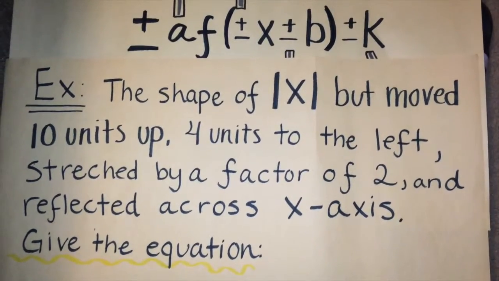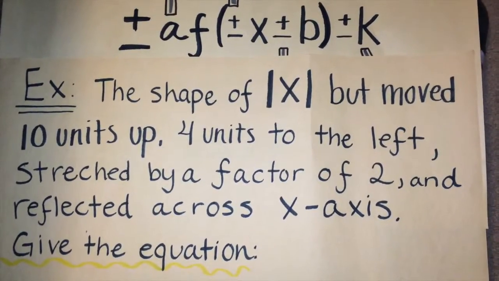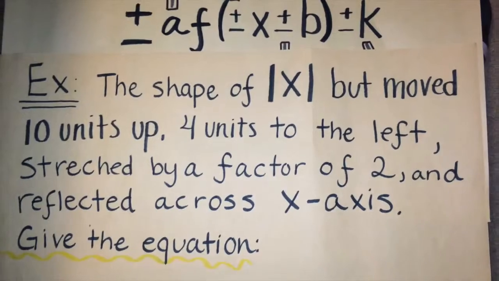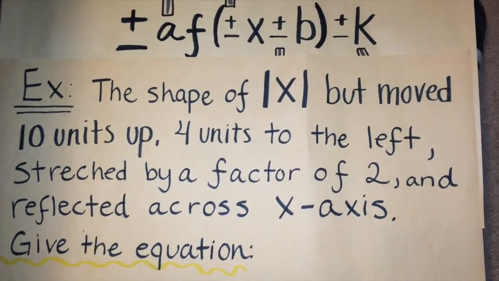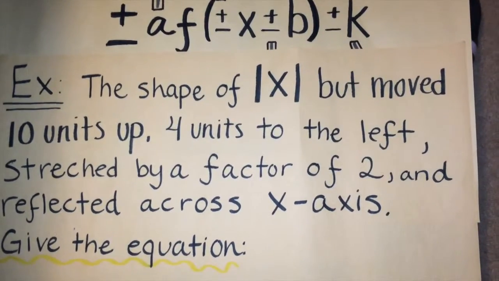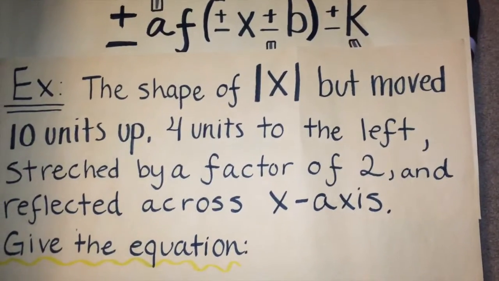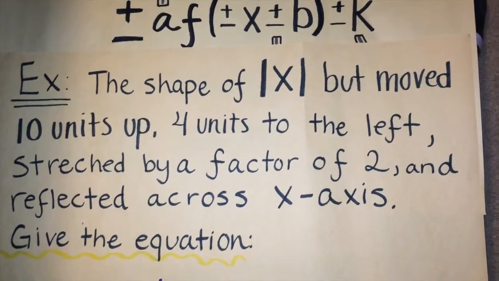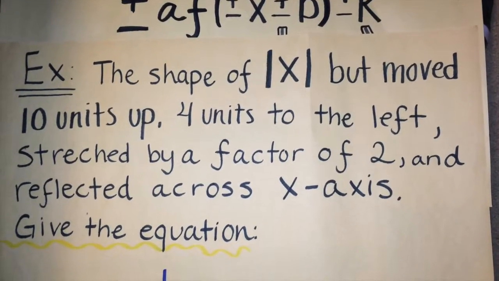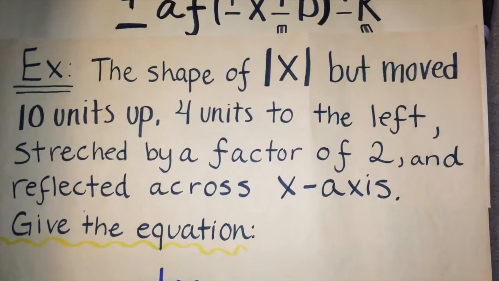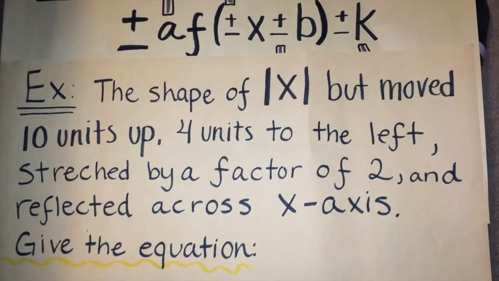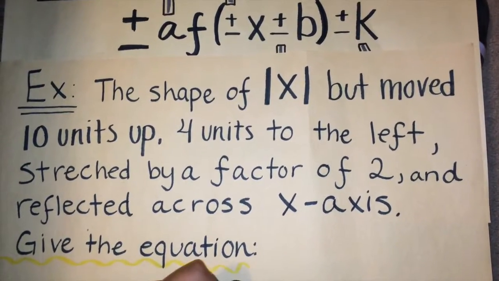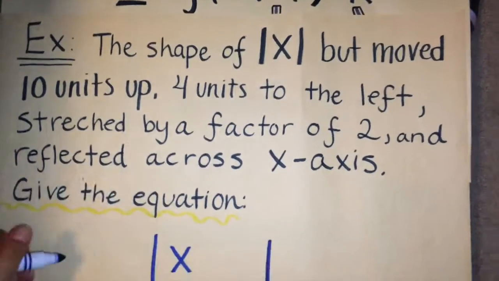Now let's try to find the equation when we're given the transformations. The shape of absolute x but moves 10 units up, 4 units to the left, stretched by a factor of 2, and reflected across the x-axis. So we know the parent function is the absolute value of x, and the b is positive 4.